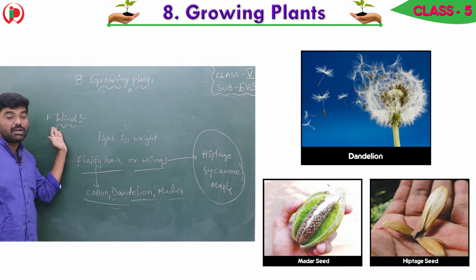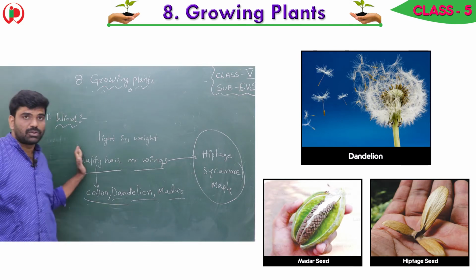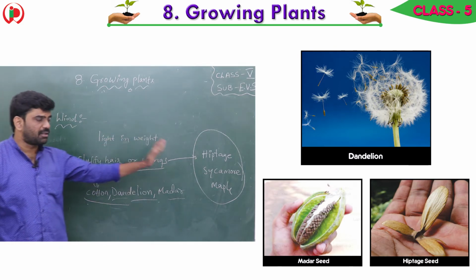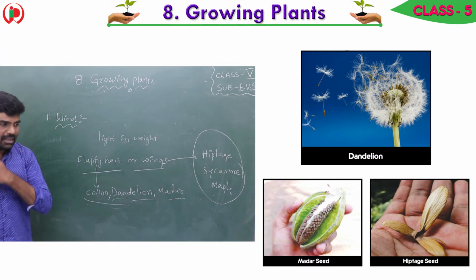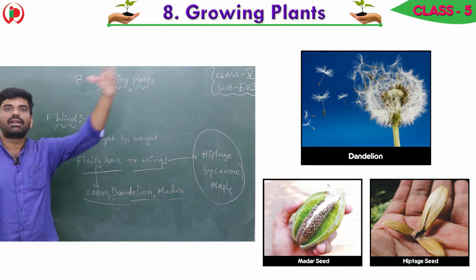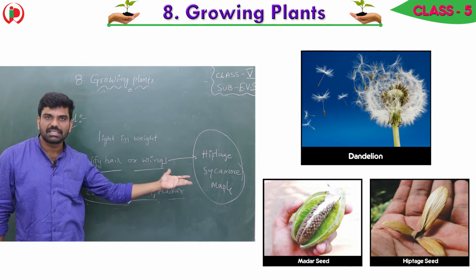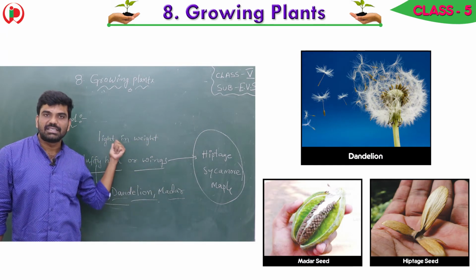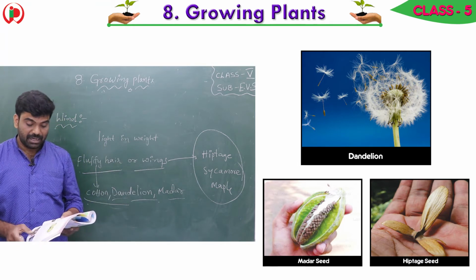So what will this wind do? When the wind blows, these hair-like structures or the wings automatically help the seed to move from one place to another place, which is called dispersal. So this is dispersal by wind.